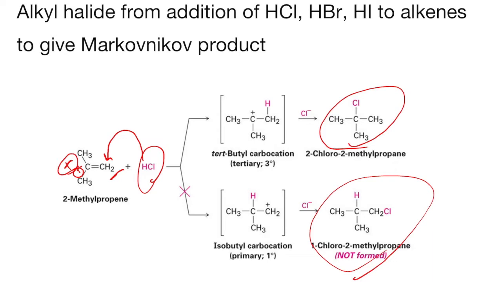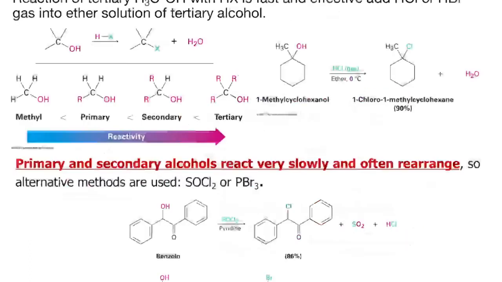When a carbon has fewer hydrogens, it has more substitution, and when it has more substitution, the cation is more stable. So we can state Markovnikov's rule like this: the hydrogen goes to the carbon enriched in hydrogen, or the halogen goes to the cation which is more substituted.